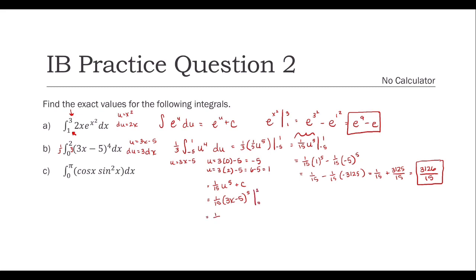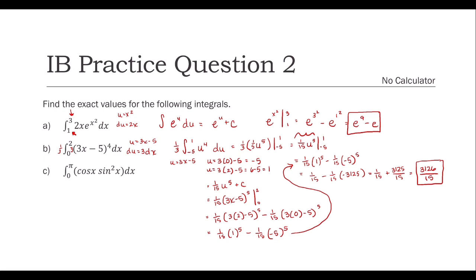So this would be 1/15 times (3 times 2 minus 5) to the 5th minus 1/15 times (3 times 0 minus 5) to the 5th. So that equals 1/15 times 6 minus 5, which is 1, to the 5th, minus 1/15 times negative 5 to the 5th. So if you look, this is the exact same as this step right here, so it'll come out to the same answer.